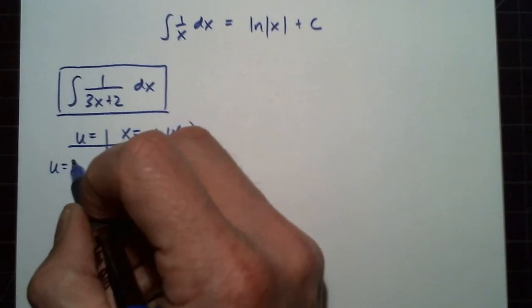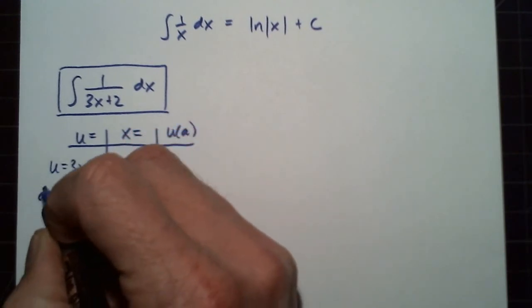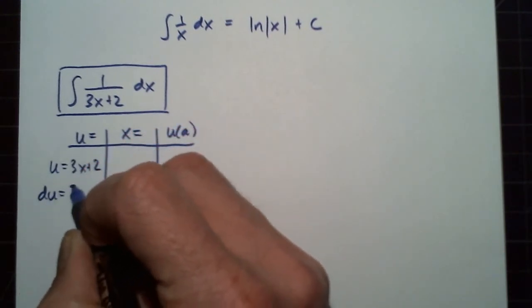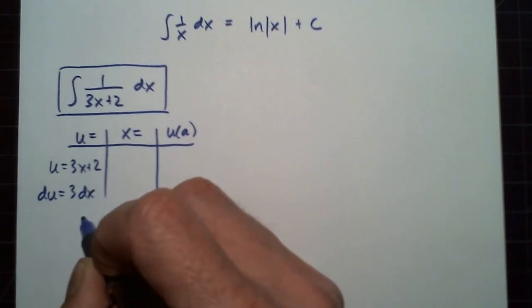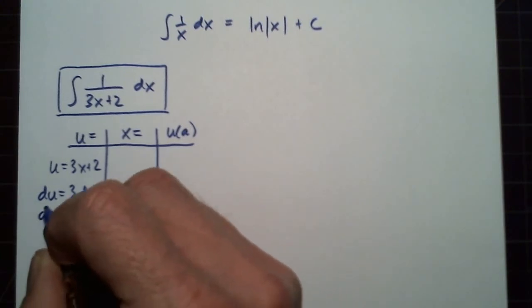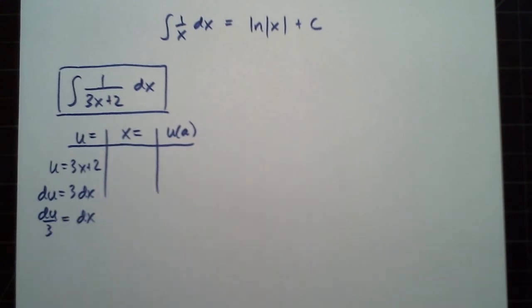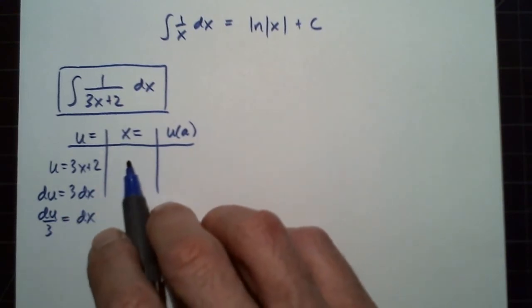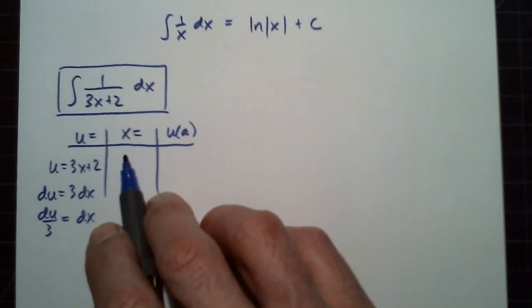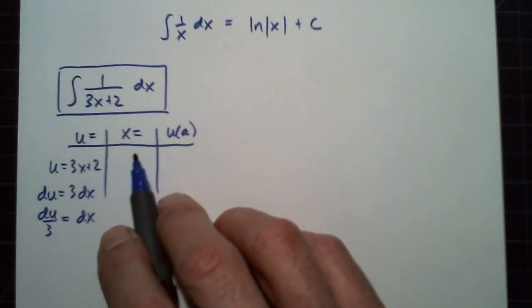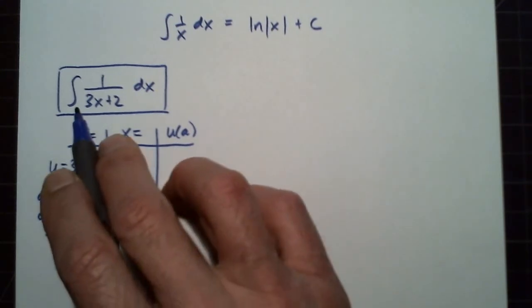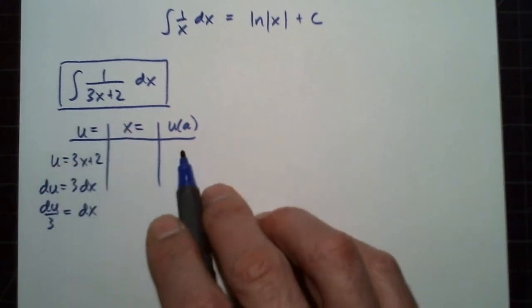So let u equal the denominator. The differential of u is 3 dx. So dx is du over 3. We won't need this, but we won't know it until we substitute. And we don't need this because it's indefinite. There are no limits.